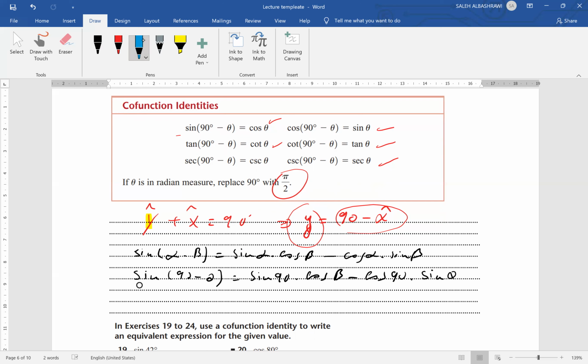But we know that sine 90 equals 1 and cosine 90 equals 0. So 0 multiplied by sine theta will be 0, and 1 times cosine theta. So the remaining will be cosine of theta. So sine of 90 minus theta will be equal to cosine theta. Same thing we can apply for cosine 90 minus theta or tangent 90 minus theta. All of these are easy to verify using the difference identities.